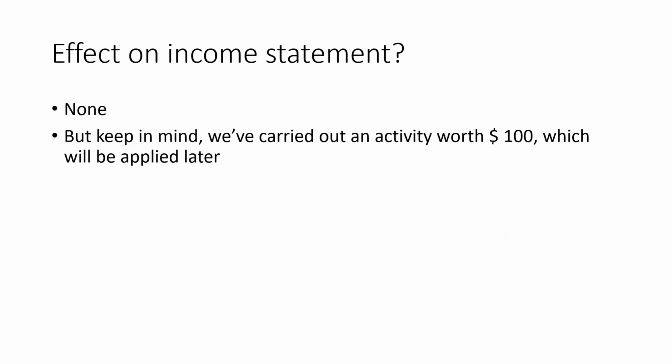But keep in mind that we have carried out acquisition of raw materials, which will contribute towards the sale. So every dollar of raw material that we bought, when it is sold, will be considered as a cost. But right now we're not considering it as a cost because we've not made sales. And so every dollar applied to sales is called accrual.